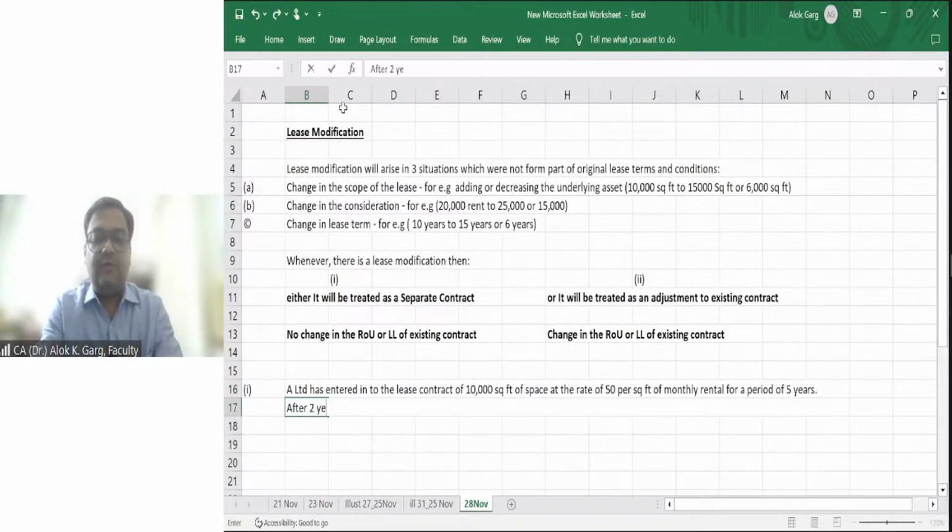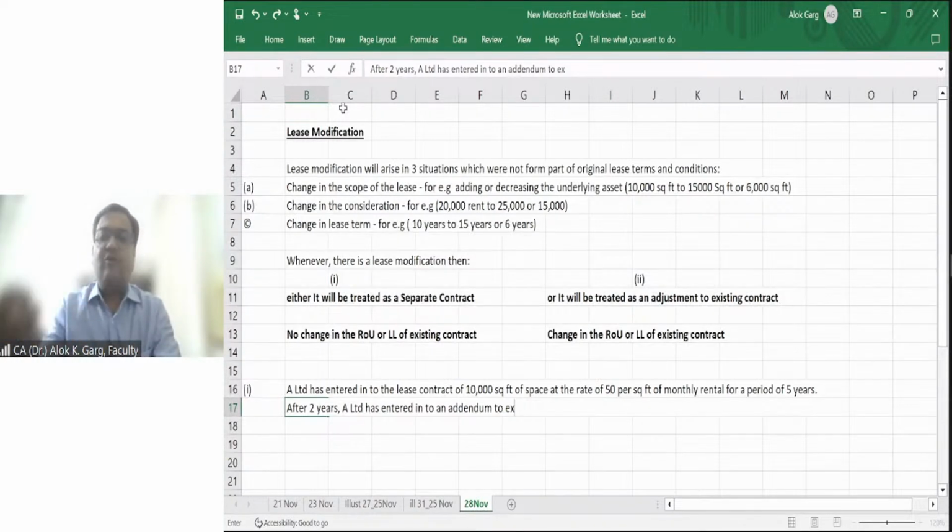After 2 years, A Limited has entered into an addendum to the main contract, right? So A Limited has signed just a single piece of paper and it has been annexed with the main contract.